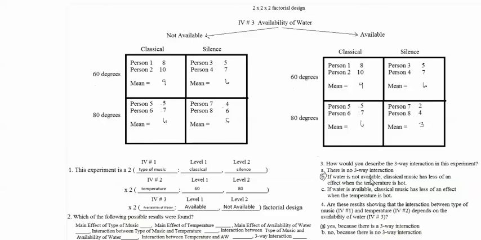If water is not available, which is over here, classical music has less of an effect when the temperature is hot, because when water is not available and it's 80 degrees, when you have both of these two things together, the difference goes down to a 1-point difference, where classical music only helps you by 1 instead of by 3.